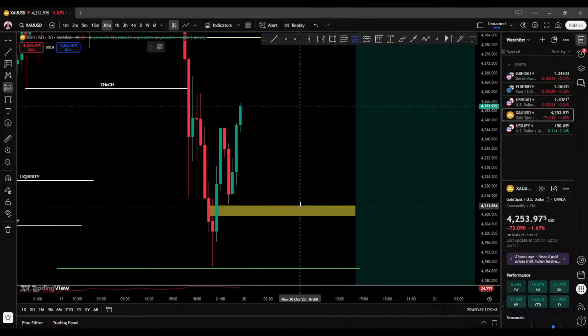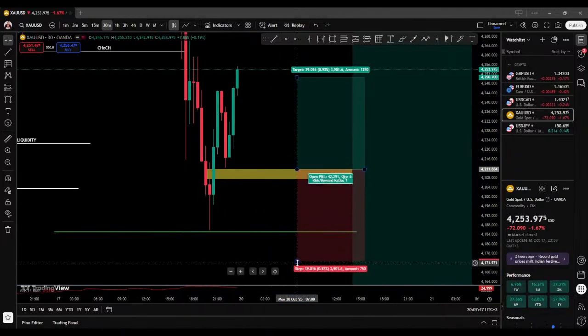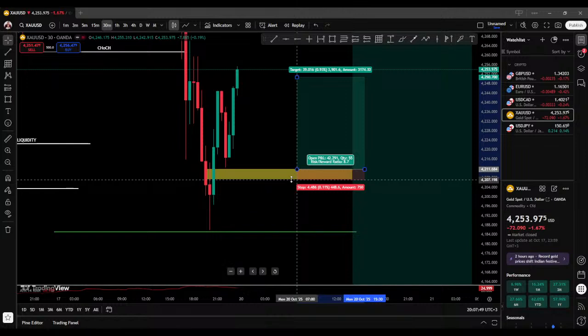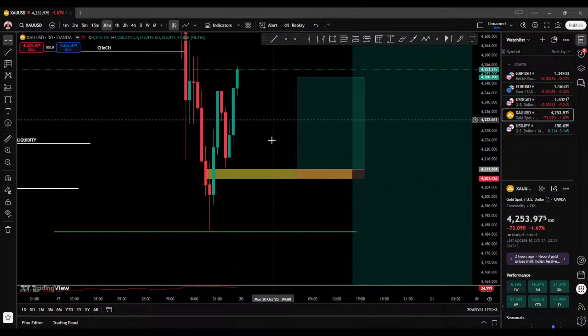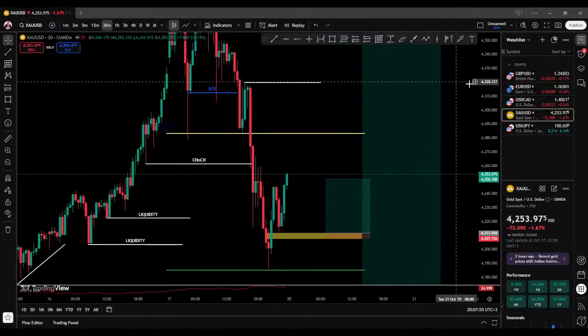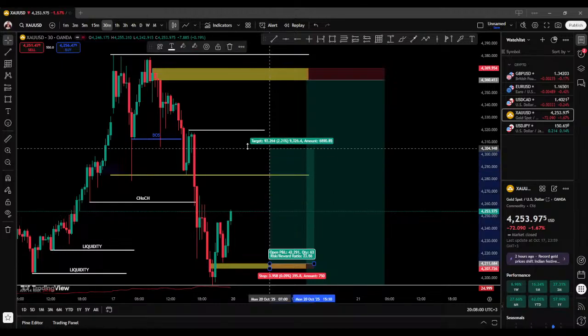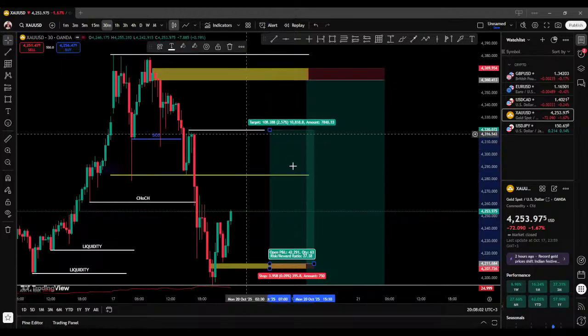That is where you go long, like that. Where do you target? You target the next liquidity, and that is where the liquidity is.